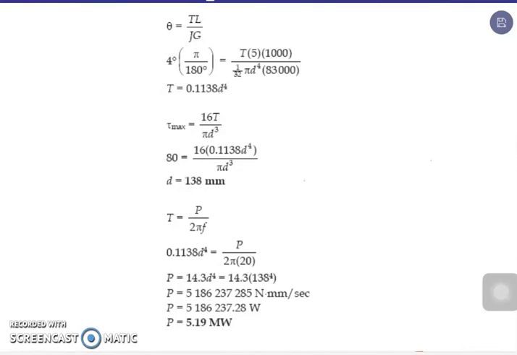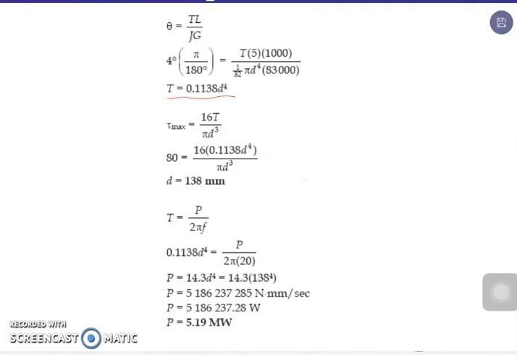We have 4 degrees, converted to radians by multiplying by pi over 180 degrees, equal to T, the unknown torque, times 5, the length of the shaft, converted to mm, so times 1000, all over pi d to the fourth over 32 times 83,000 for our shear modulus. If we simplify this, we have the value for our T, which is 0.1138 d to the fourth.